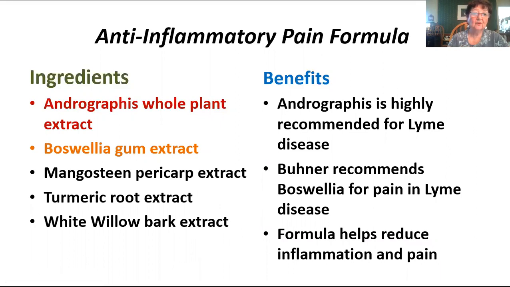There is an anti-inflammatory pain formula; the ashwagandha is next, but this one I've used for, again, Andrographis. This one has boswellia gum, mangosteen pericarp. Oh my goodness, that's a really great one. Turmeric, we've heard tons about turmeric. And white willow bark, that's been known for almost a century now. It's where the basis of aspirin came from, white willow.